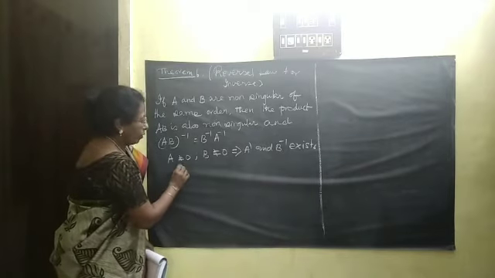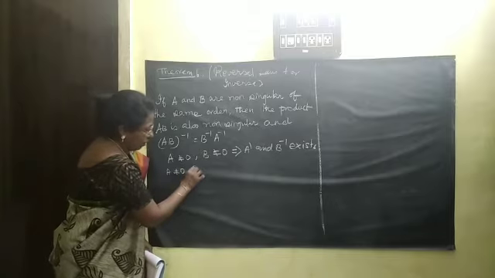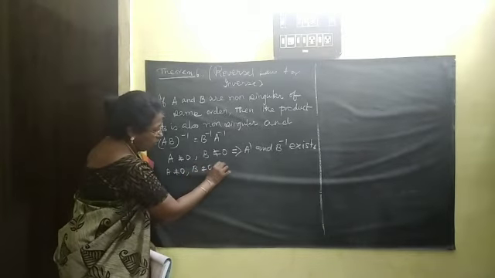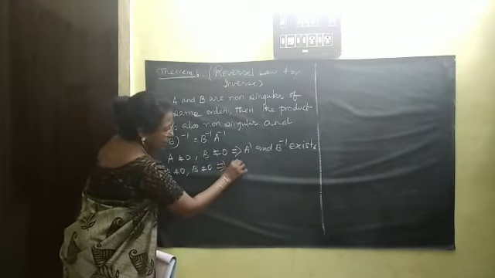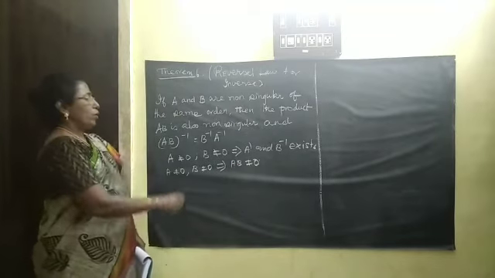A is not equal to 0 and B is not equal to 0 also implies AB is not equal to 0.